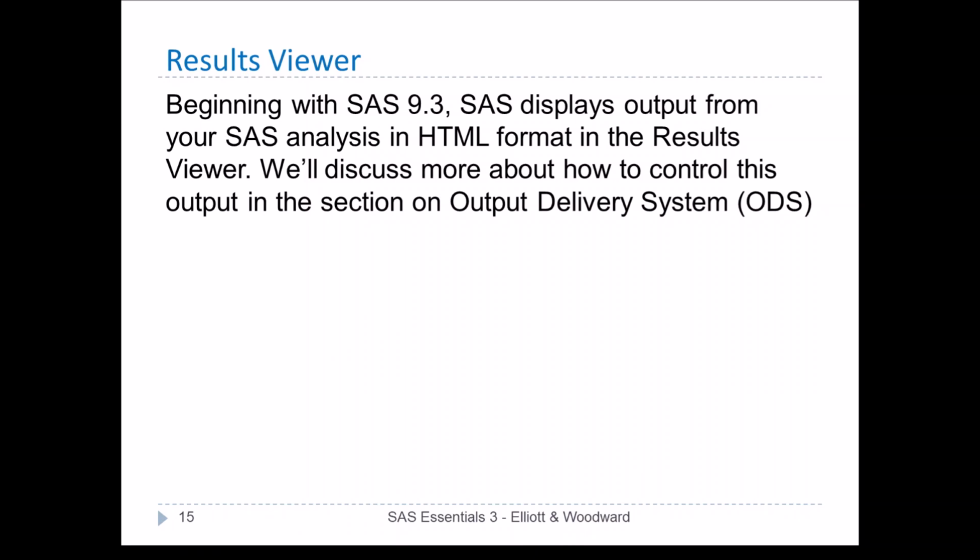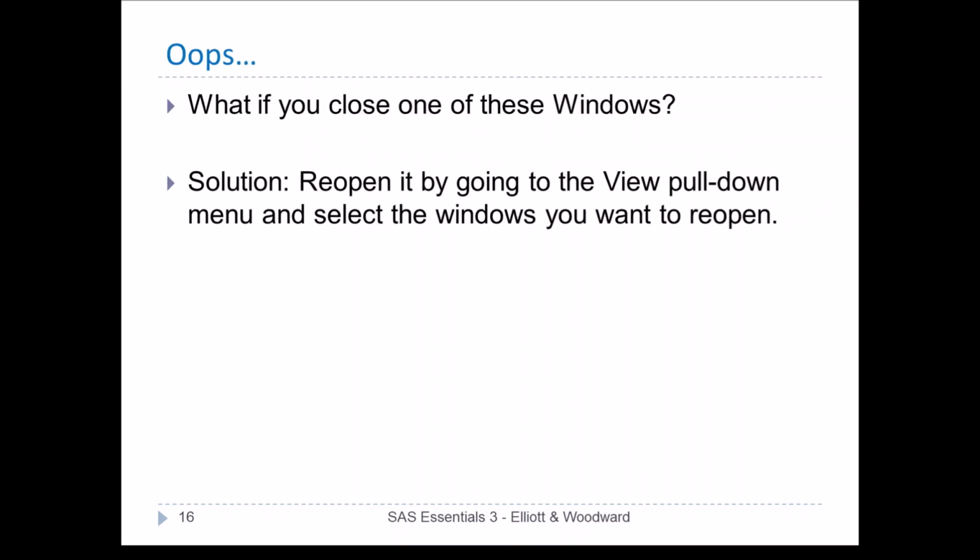We'll talk about that later, but a hypertext markup language or internet kind of format output. And also we're going to learn how to control this output using the Output Delivery System, ODS, later on in the book. So what if you happen to close one of these windows? Whoops, you may have clicked on the upper right-hand corner, the little X up there, and your window's closed. It's not a problem. Go to the View pull-down menu and select the window you want to reopen.